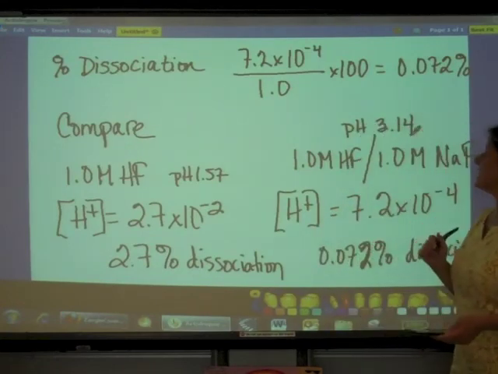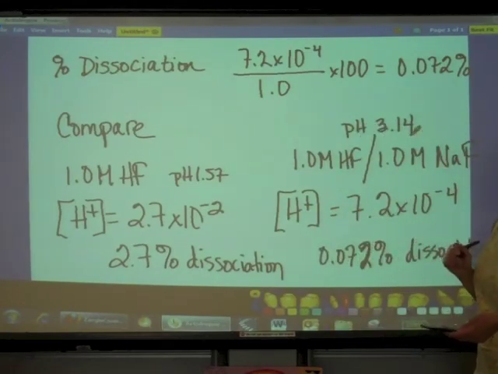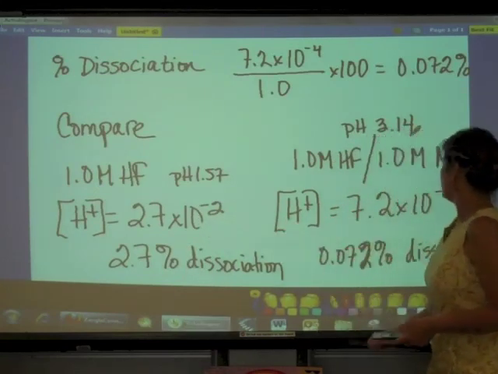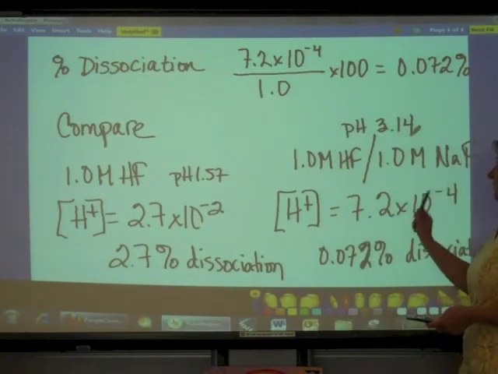Okay, this is a significant difference in terms of pH. It's almost 100 times more hydrogen ion in this solution than there is in this solution.